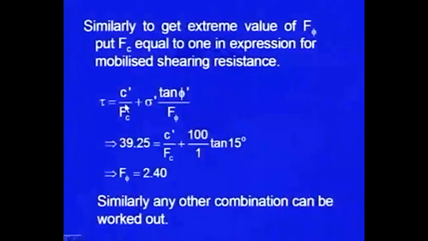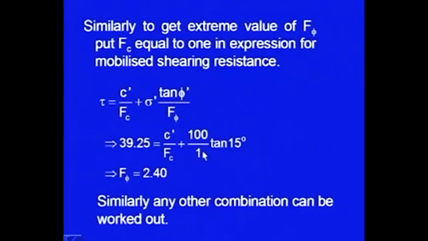The other extreme combination is obtained from the same equation: C dash upon Fc plus sigma dash tan phi dash upon F phi equal to the mobilized shearing resistance. So, 39.25 is equal to C dash upon Fc plus the second term. Now, I am putting Fc as unknown and I am putting the lowest value of F phi, so 1 here.